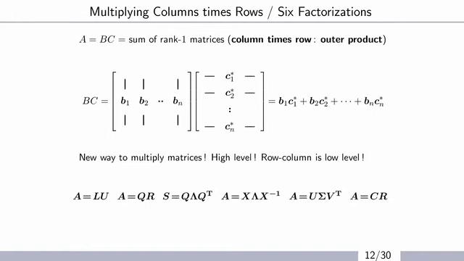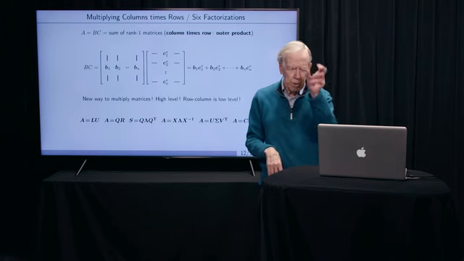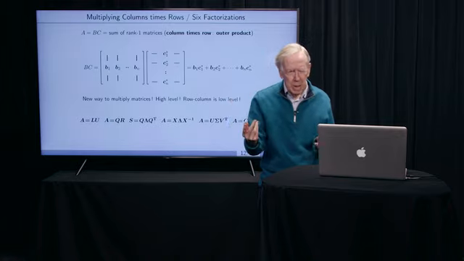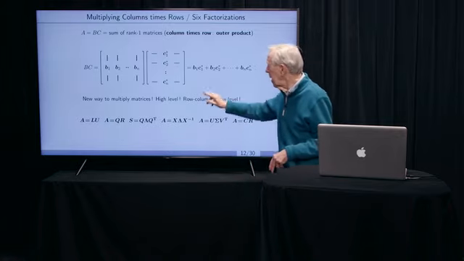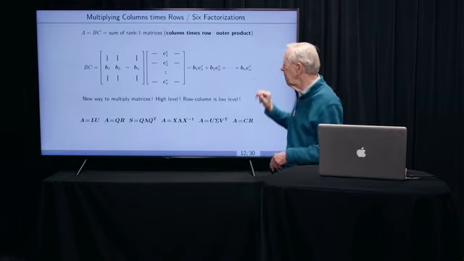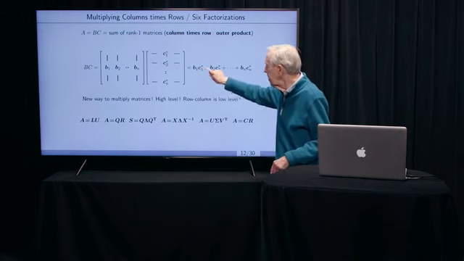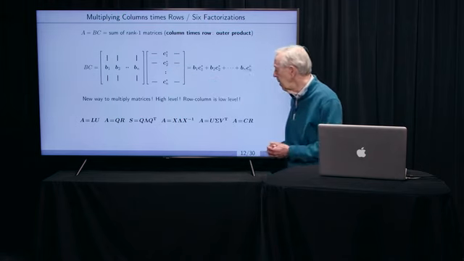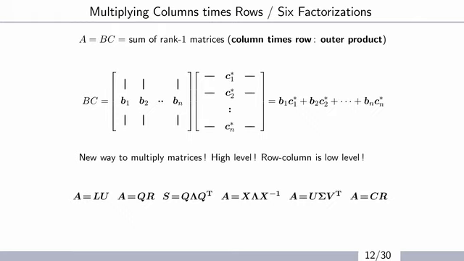Column times a row, we've seen that once for that rank 1 matrix. Do you remember I said those rank 1 matrices, 1 column times 1 row, are the building blocks? Well, here are n of those blocks. A column times a row, a column times a row.